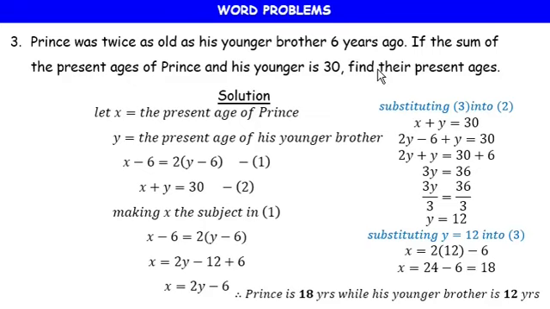The question asked you to find the present ages of Prince and his younger brother. So after solving everything, you conclude that therefore Prince is 18 years while his younger brother is 12 years. So the present age of Prince is 18 years and the present age of his younger brother is 12 years.